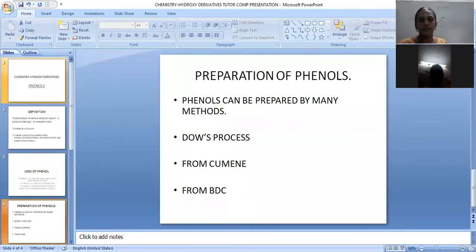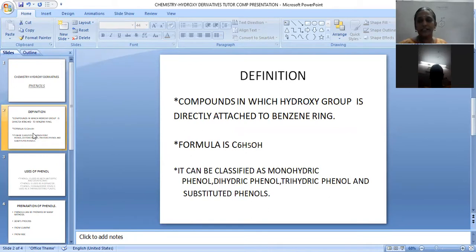We have hydroxy derivatives. In phenols, we can say that when a hydroxy group is directly attached to the benzene ring, then we can call such compounds phenols. Right? Its formula is C6H5OH.